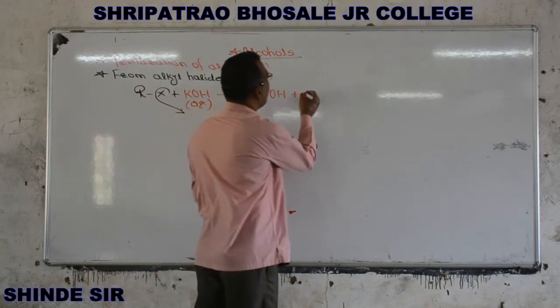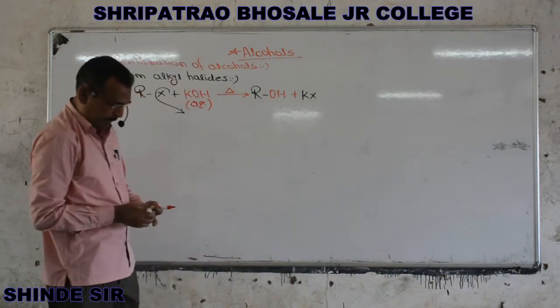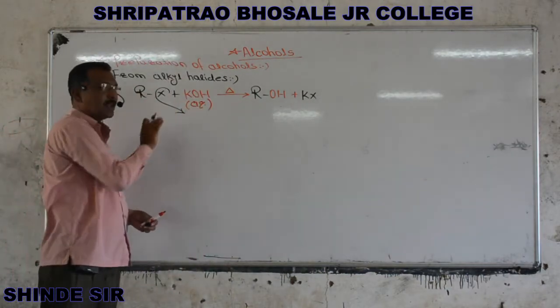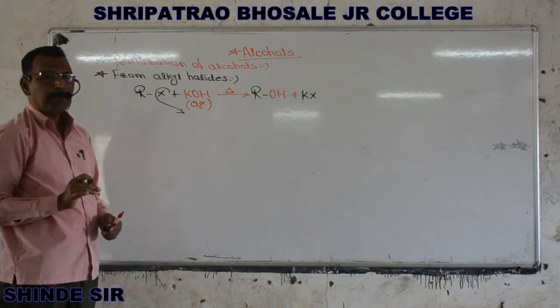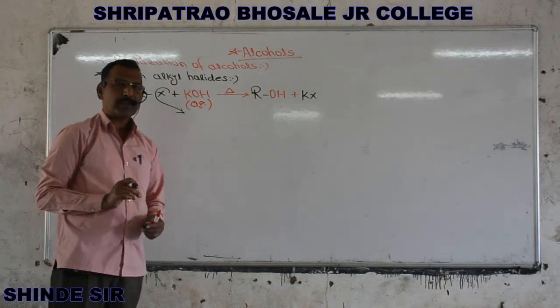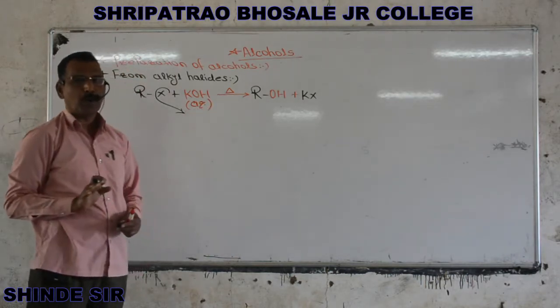In this way we can obtain alcohol from alkyl halide: alkyl halide when heated with aqueous potassium hydroxide undergoes alkaline hydrolysis to form alcohol.